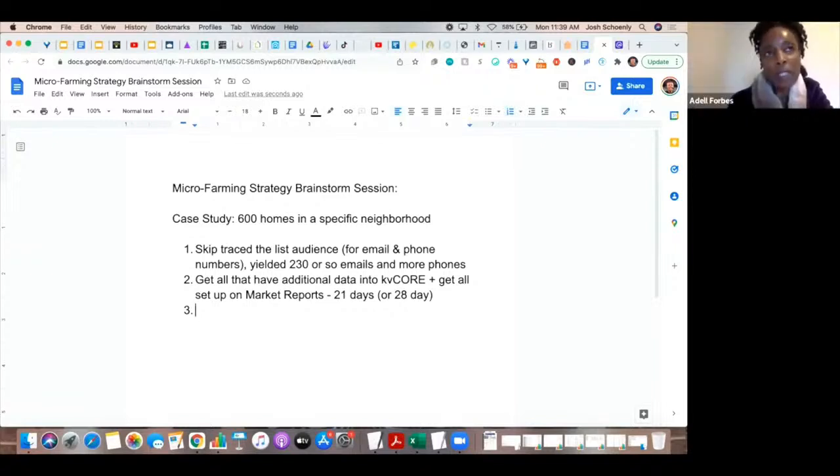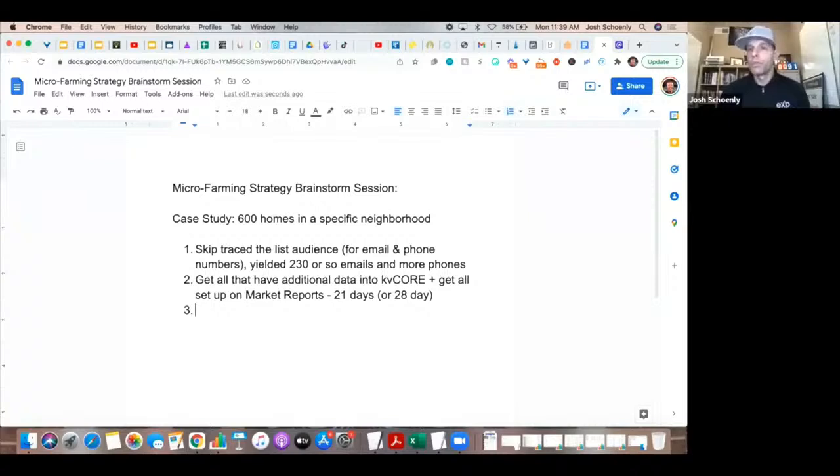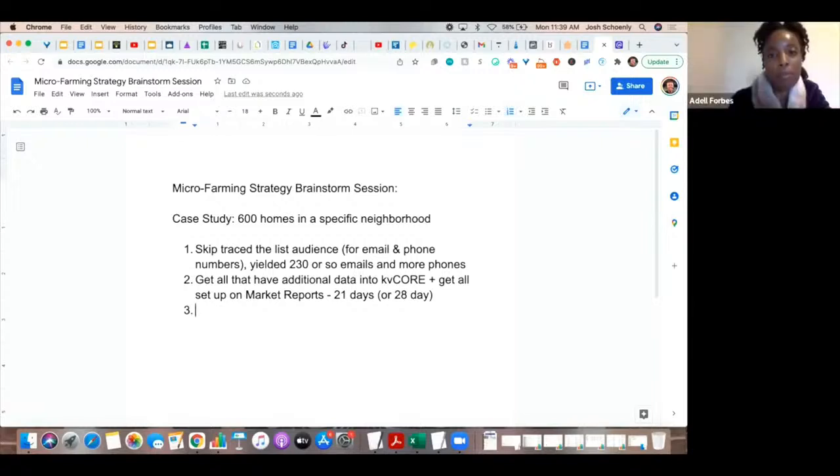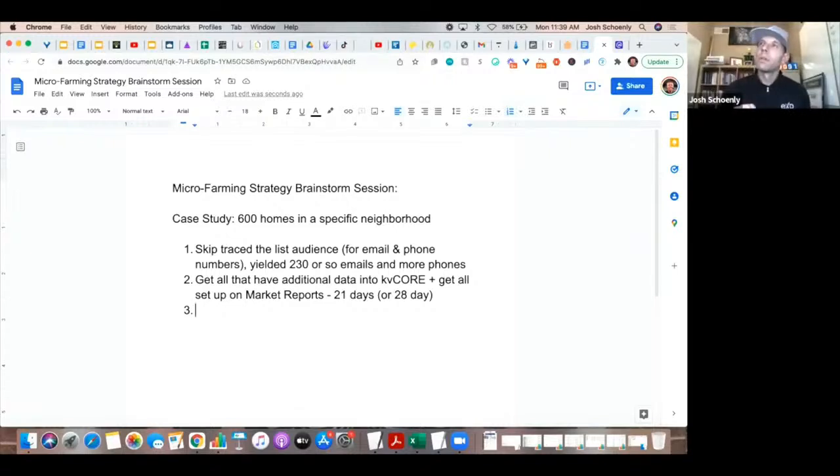So it doesn't go into the value of your home as X? No. This isn't a home valuation. This is literally, here's the market data for this zip code or this neighborhood or this city. In KV Core, I think you can do it by city, zip code, and if there's enough data, a particular neighborhood or subdivision. You can't do it countywide.